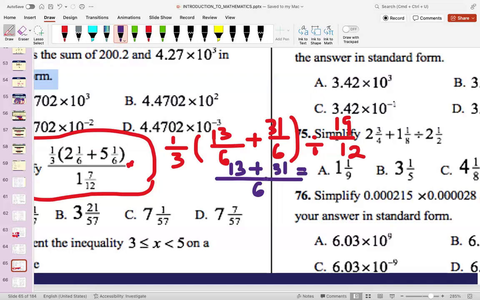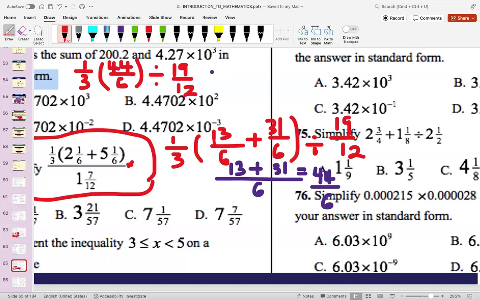So when you wrap up the top, you have 13 plus 31, and that's going to give you 44 divided by 6. Into bracket 44 divided by 6. Then you have this divided by 19/12.